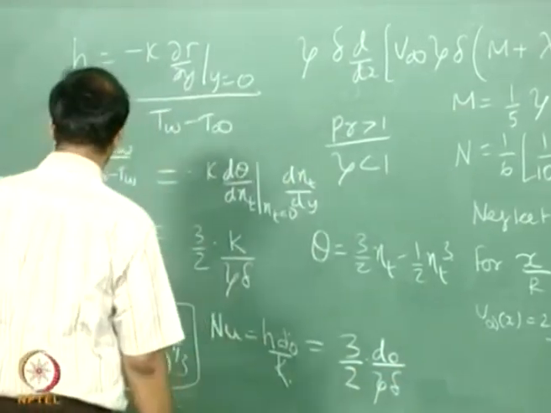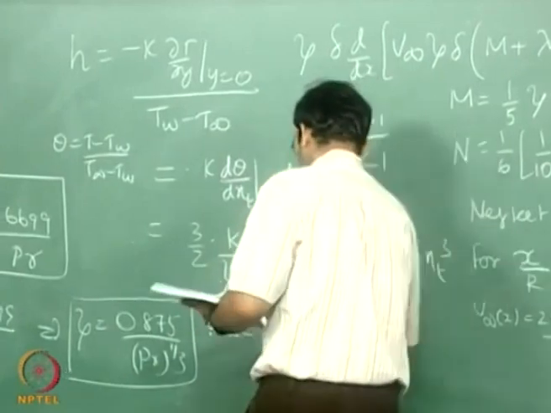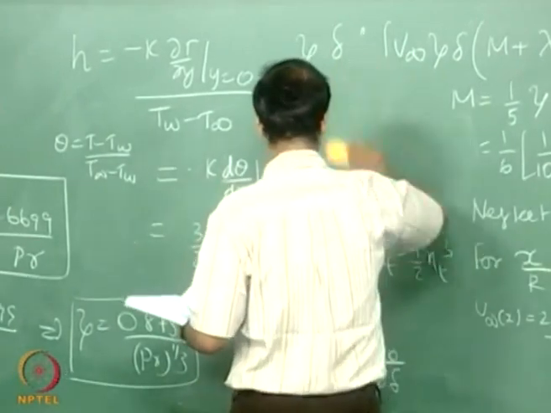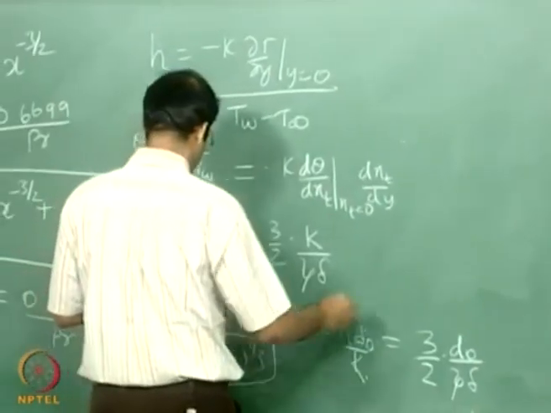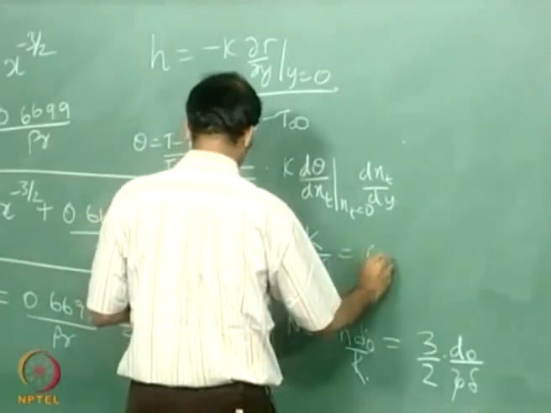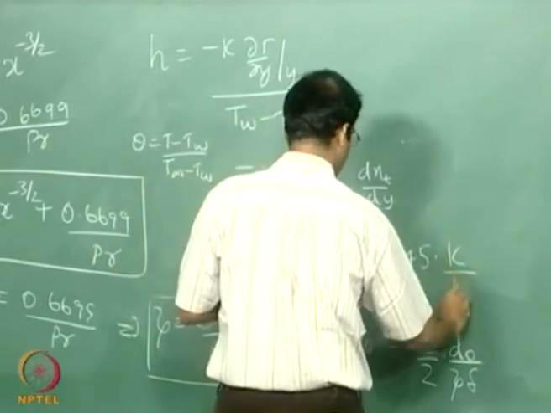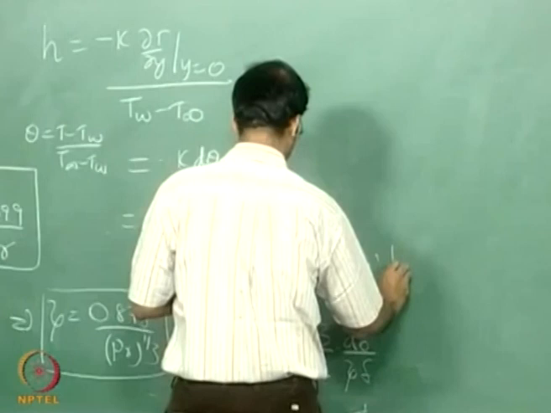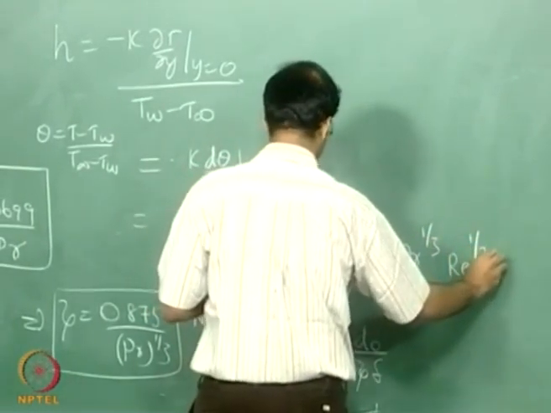So I can substitute my expression for zeta into this, and I can directly simplify to get my Nusselt number expression. My expression for h would turn out to be 0.645 into k by r into Pr to the power 1 by 3, Re to the power half.